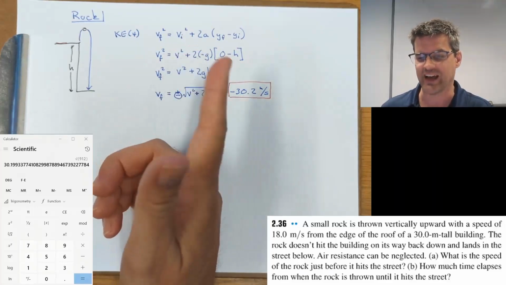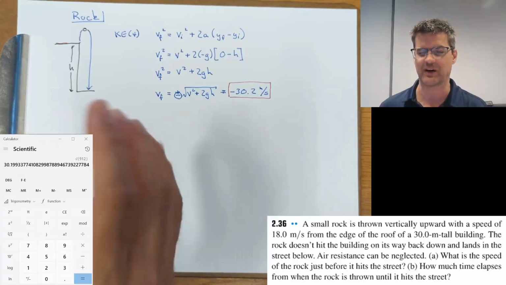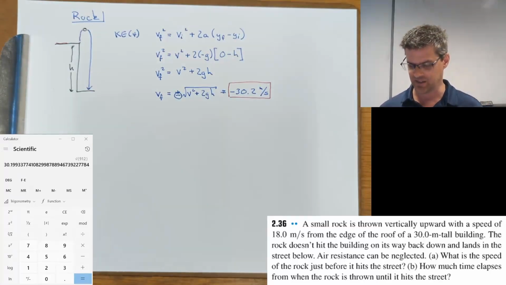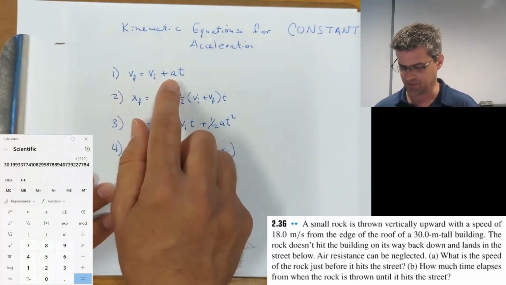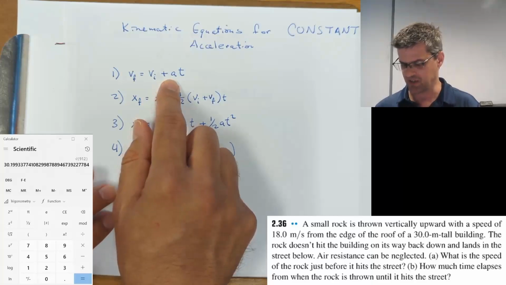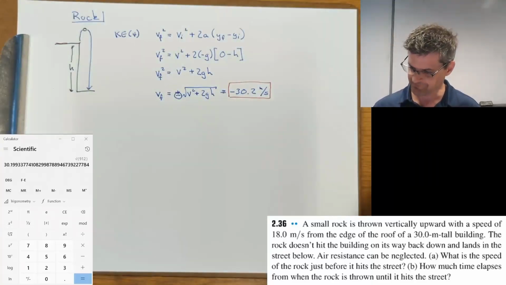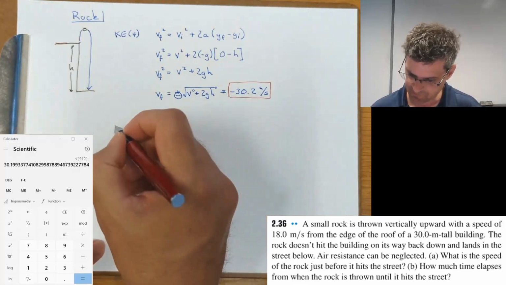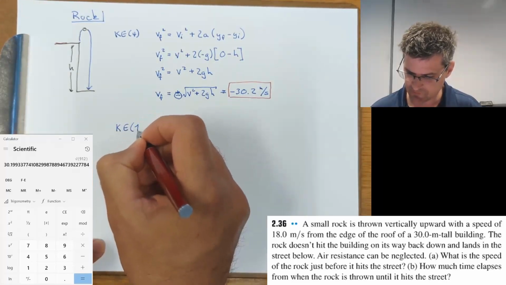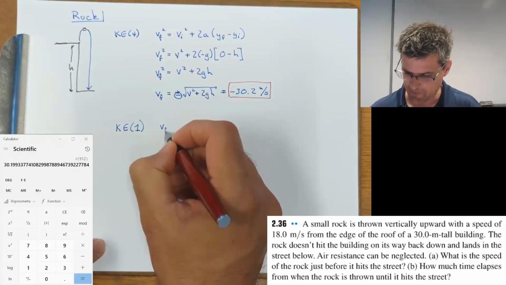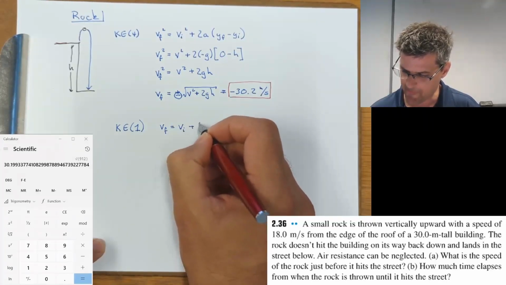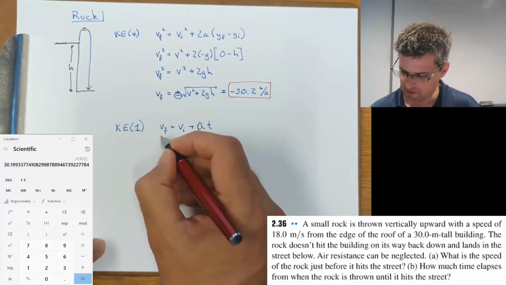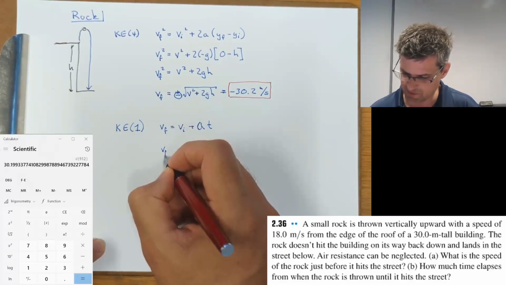Now we're also asked to find how much time elapsed from when the rock is thrown until it hits the street. And so I pull out my kinematic equations. I know initial velocity, I know final velocity, I know acceleration. I could use kinematic equation 1 for that. Let's do it this way. My final velocity I know from above.